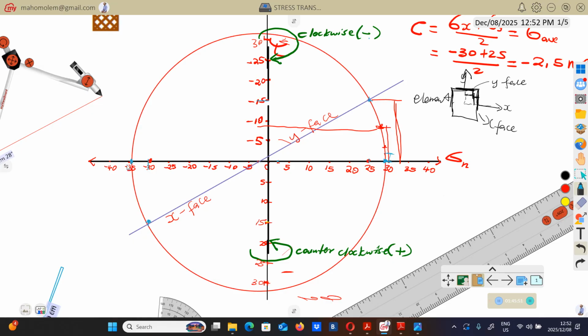Once there is no height, that means there is no shear stress. So at this point where there is no shear stress, we're going to have principal stress. Then the line from here to there, we're going to call the principal plane.